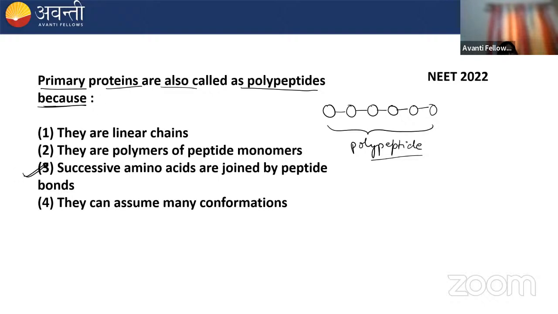So the correct option is that successive amino acids are joined together by the peptide bond and form a polypeptide chain, which is the primary structure. In the secondary structure, you will see the helix and beta sheet. In tertiary structure, you will see the three-dimensional conformation of the protein. In quaternary structure, more than one polypeptide is present, and these polypeptides are known as subunits.